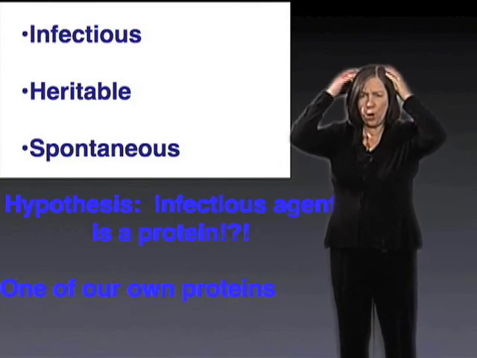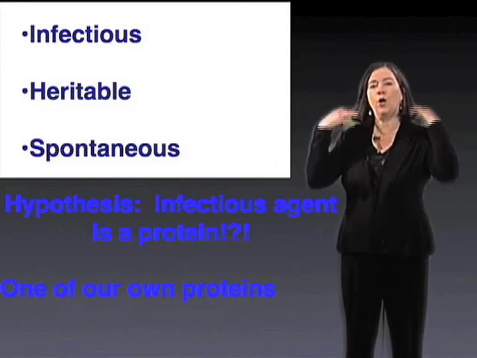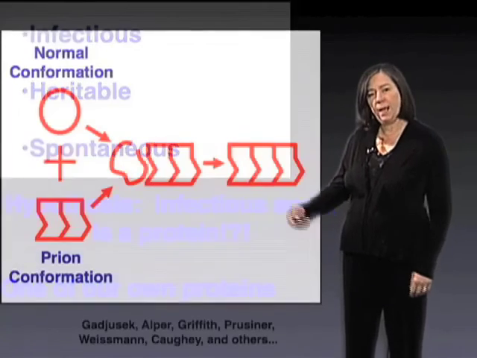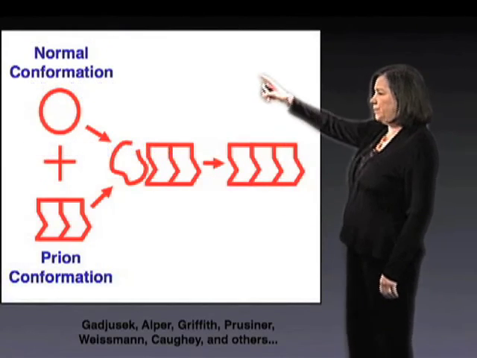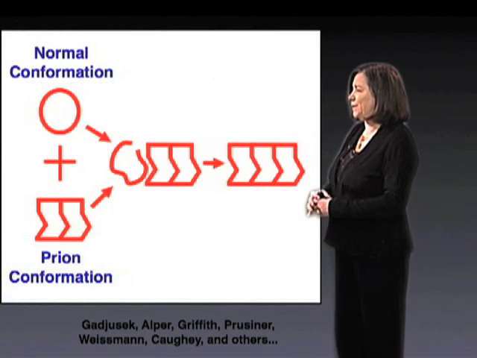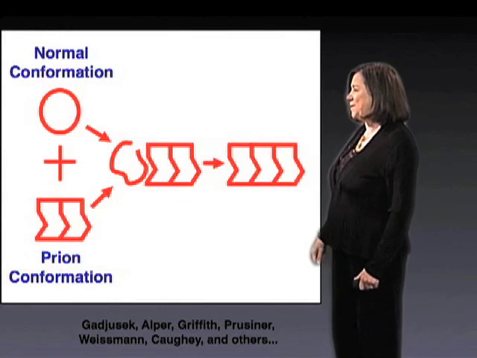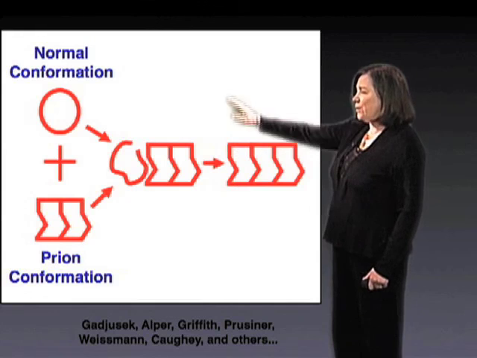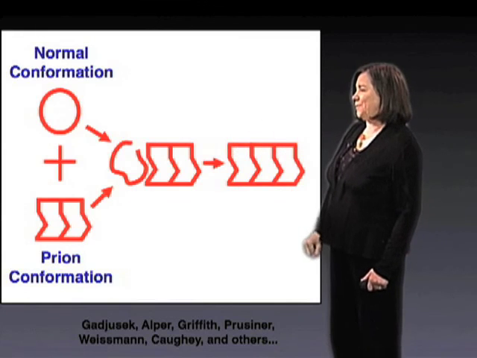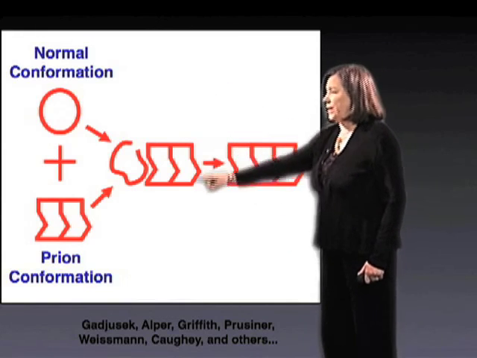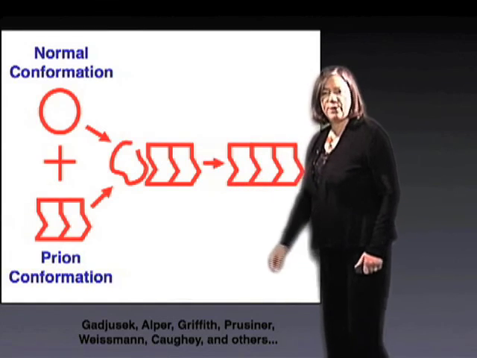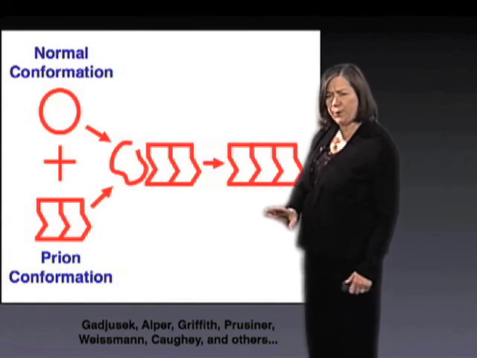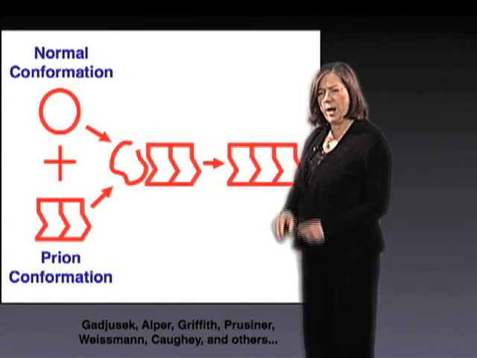So it's a protein that we already have in our brain. We're expressing it all the time. And it has a normal conformation that's obviously diagrammed in a very simplified way here. And thank goodness it normally stays in that conformation. Every once in a while, however, it can get into this altered conformation down here, which is really a profoundly different conformation. It folds in a very different way.